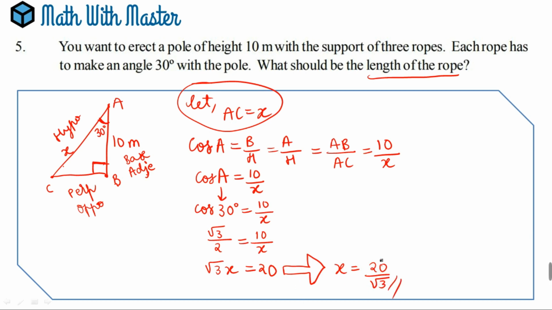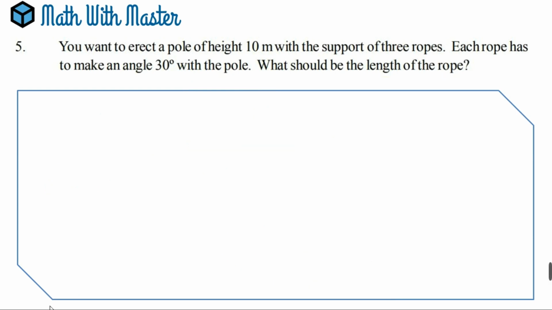This is the length of the rope, which in meters, 20 upon root 3 meters should be the length of rope to erect the pole of 10 meters. So we will move towards the next question.